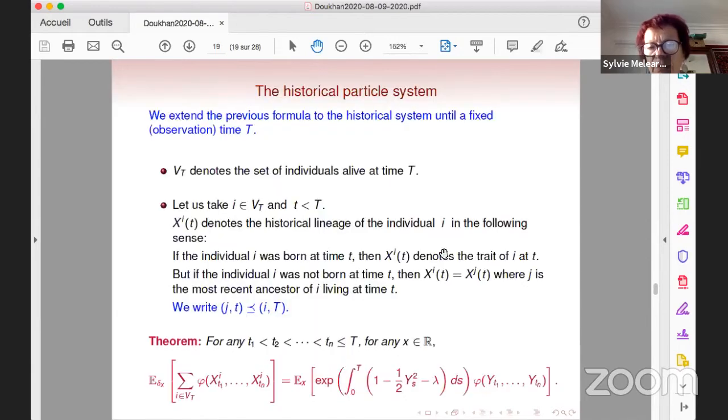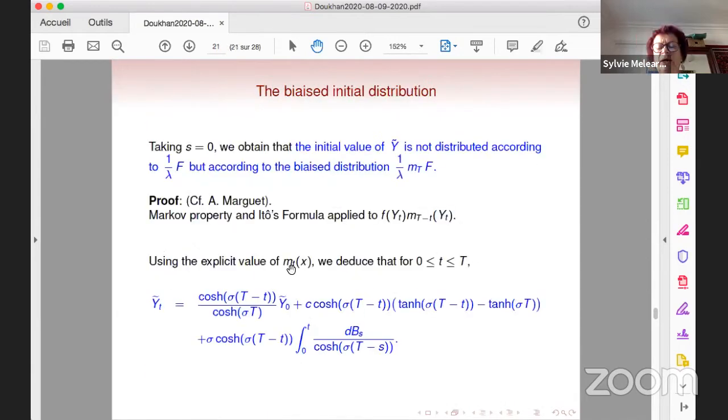And because of the formula I gave for m_t of x, we have this stochastic equation for Y tilde t. You have a Gaussian term, a Cameron-Martin integral, plus some very specific drift term.